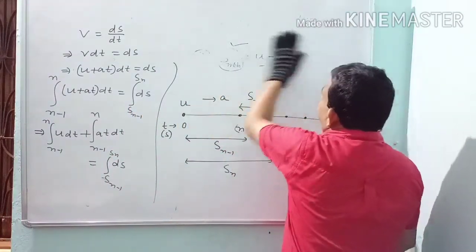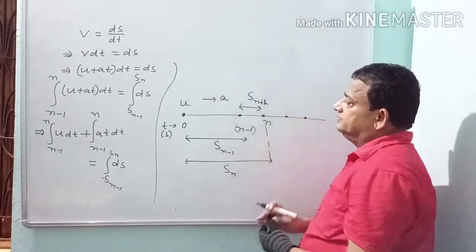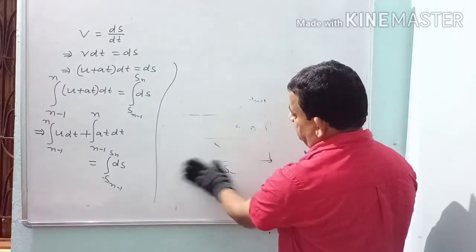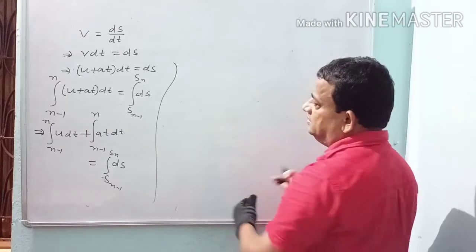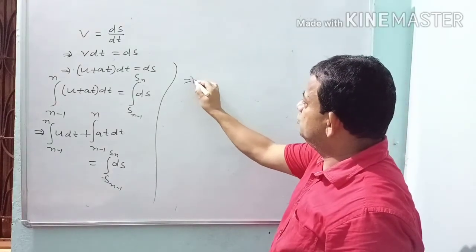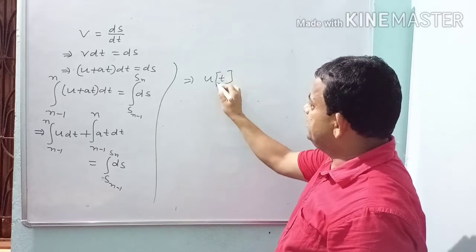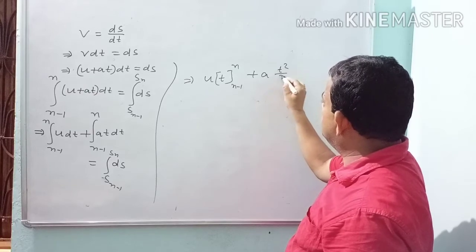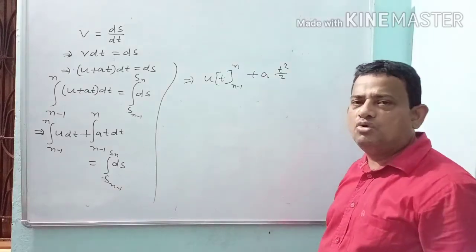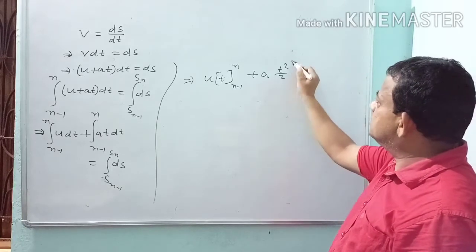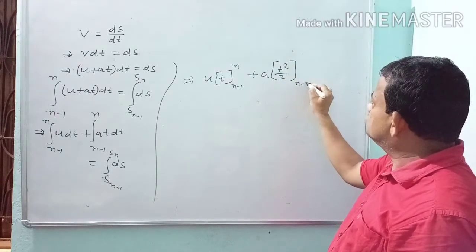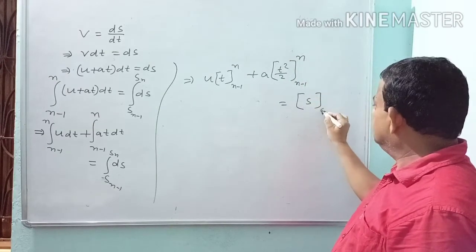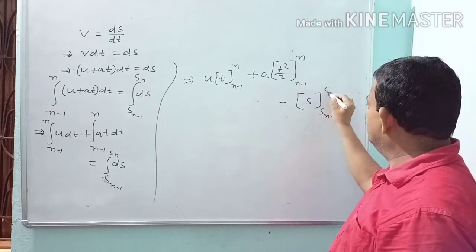What do you get? ∫u dt gives you ut, limit n − 1 to n, plus at²/2. As in the earlier expression, you know the integration of t dt is t²/2, from n − 1 to n, equal to s from S(n−1) to Sn.